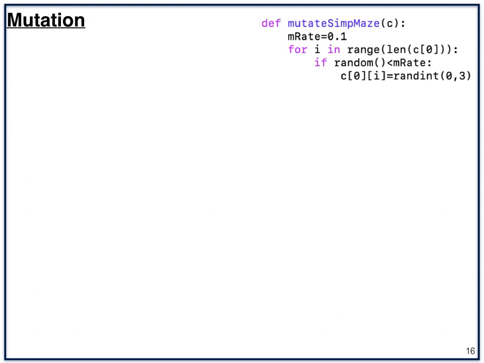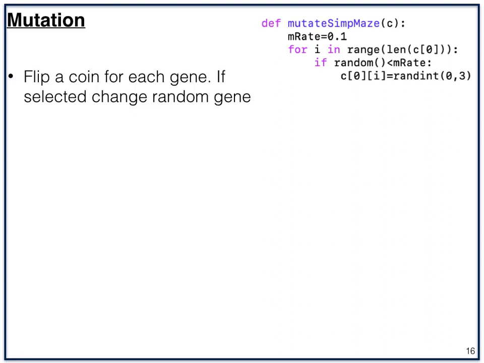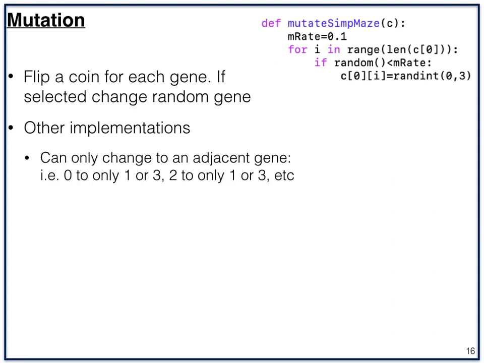In mutation, for this task in this code snippet, what we're doing is going through the genome and flipping a coin for each gene. If that gene is selected, we just randomly change that gene. There are many different ways of implementing mutation. Another option I could have chosen for this example is to only change a gene to an adjacent gene.